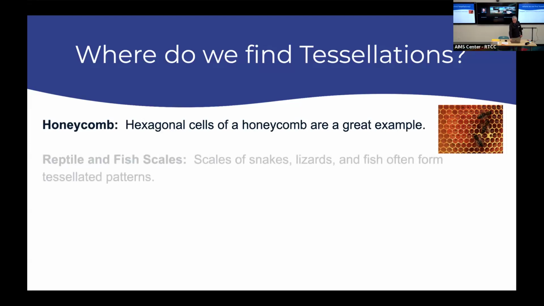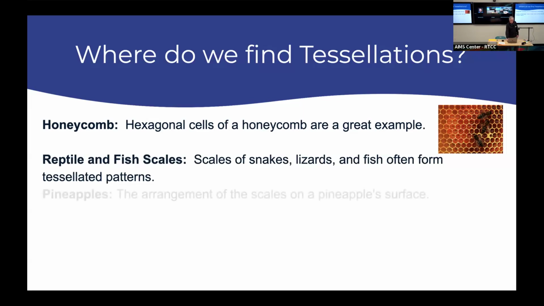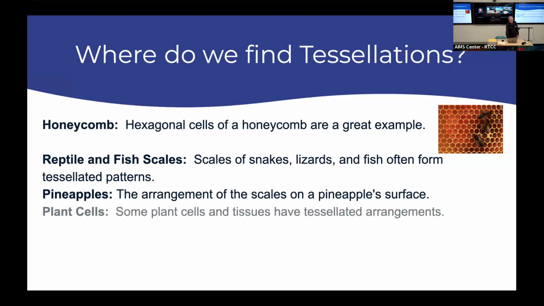We also find that reptiles, fish scales, and lizards often form tessellated patterns. If you look at a pineapple, the arrangement of scales on its surface is tessellated. Plant cells often are arranged in tessellated patterns.